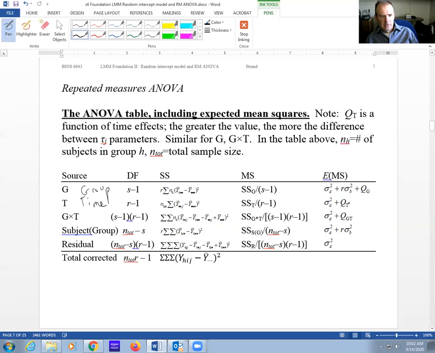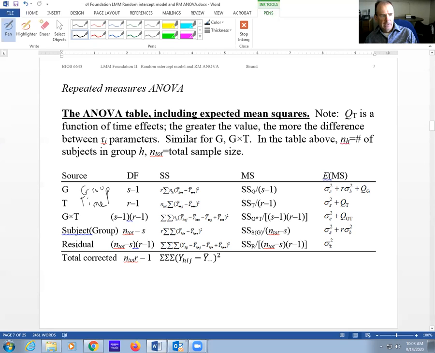And that's the important thing. So we're going to look for quantities where if q sub t is 0, then we just have sigma squared epsilon. And so that means that this residual makes sense to use in the mean square of the denominator, right?